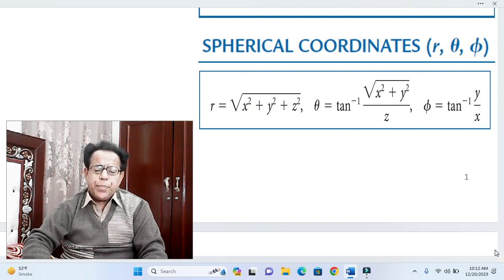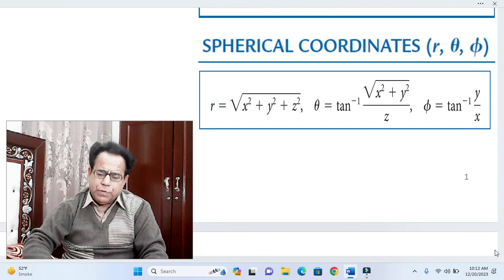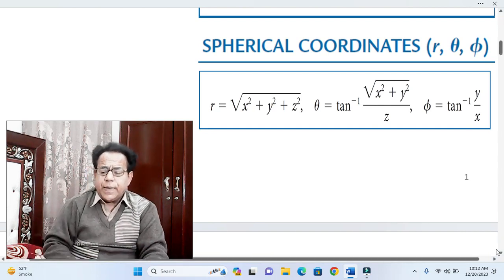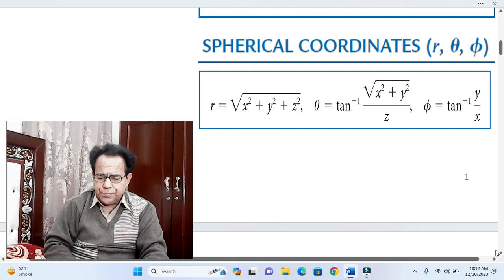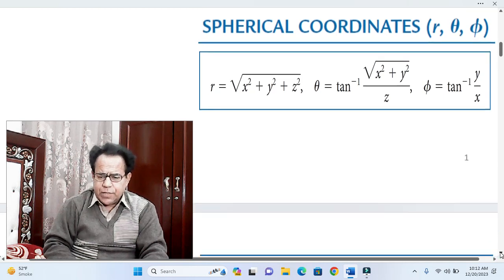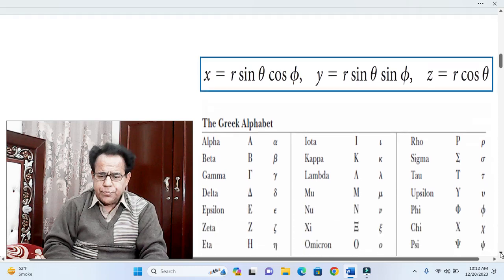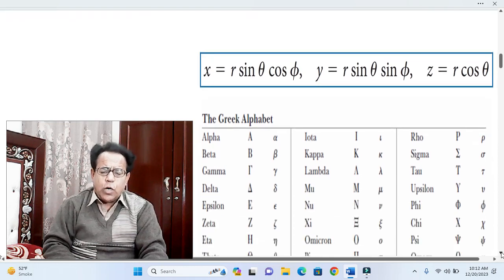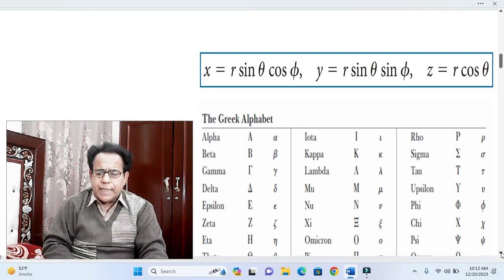Here r is equal to the square root of x squared plus y squared plus z squared, theta is equal to tangent inverse of the square root of x squared plus y squared over z, and phi is equal to tangent inverse of y over x. These are formulas. Here x is equal to r sin theta cos phi, y is equal to r sin theta sin phi, and z is equal to r cos theta.